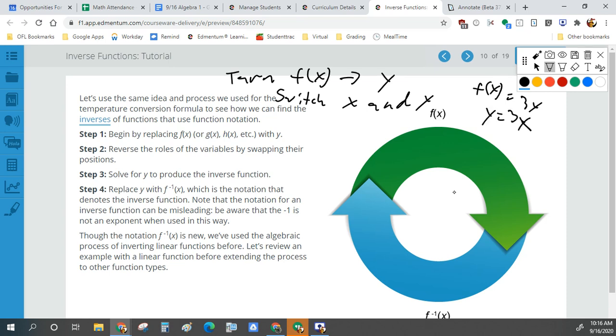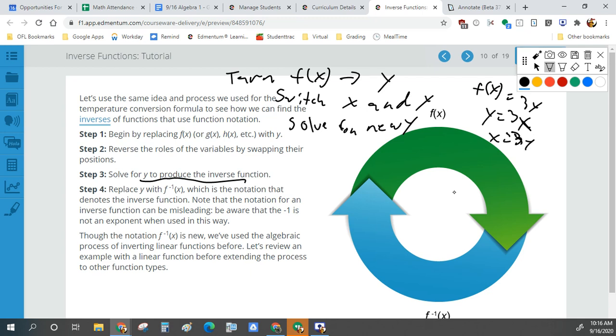And then your next step is to solve for the new y. They say it as solve for y to produce the inverse function. Solve for your new y. So in order to do this, I'm going to have to switch these. I haven't switched them yet. X equals 3y.